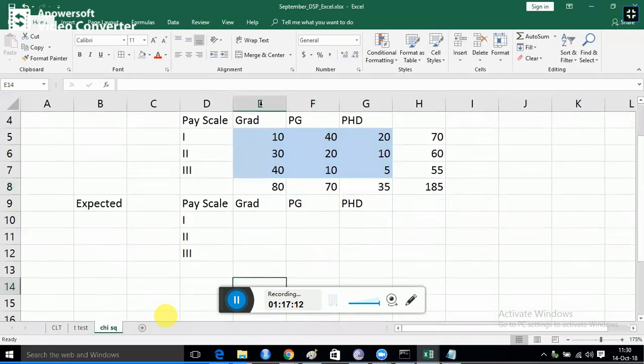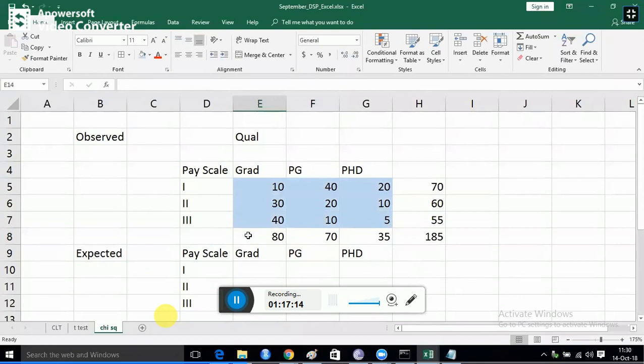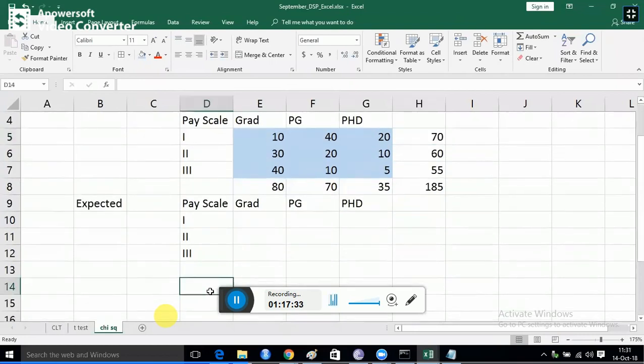Now, out of 185 people, 70 people come under pay scale 1. Is that correct? Can I say that?